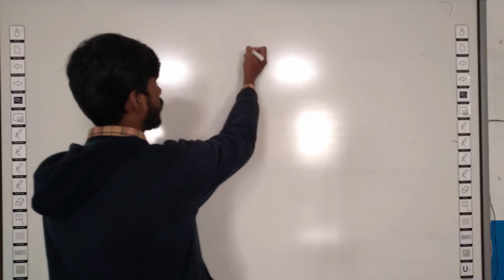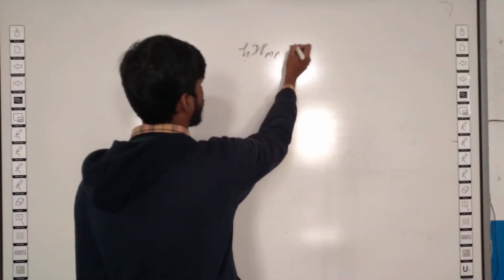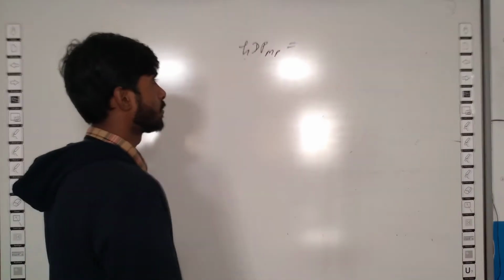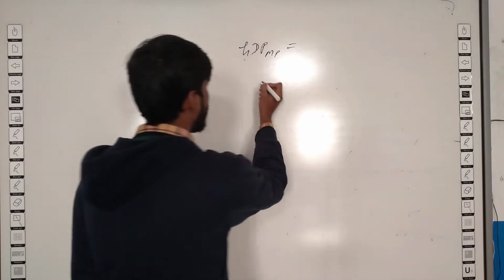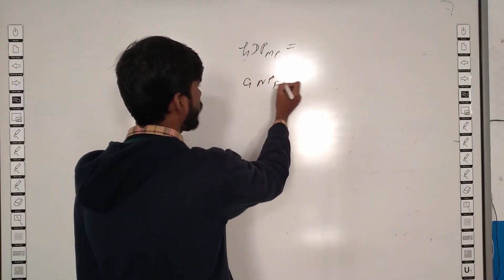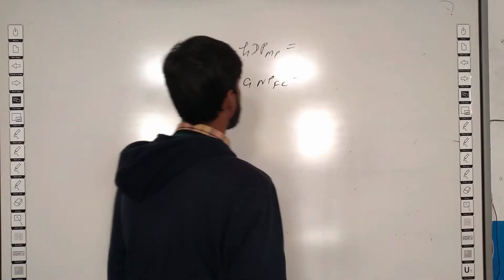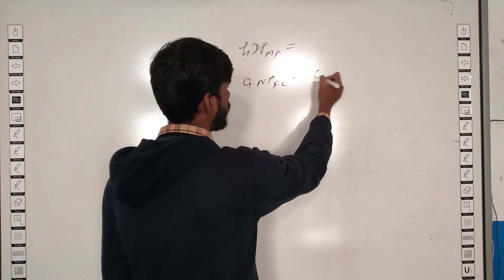Suppose you have calculated GDP at market price, gross domestic product at market price, and you want the value of gross national product at factor cost, GNPFC. If you want GNPFC from GDPMP, then put the value of GDPMP.